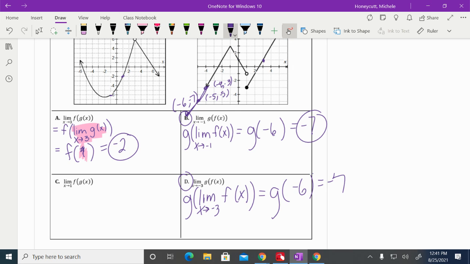Now let's take a look at what happens in part C. This is the special one. So I'm going to try to find f of the limit as x approaches 1 of g of x. What's the limit as x approaches 1 of g of x? Doesn't exist. This part does not exist.